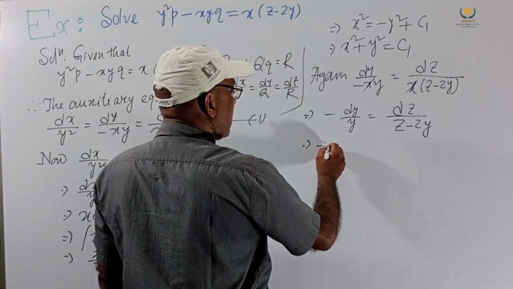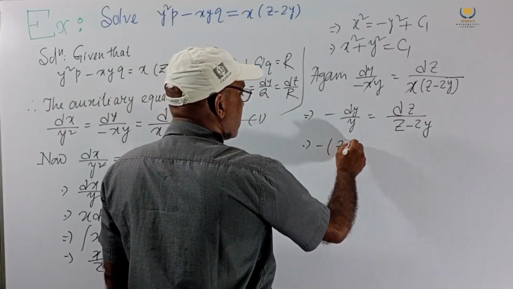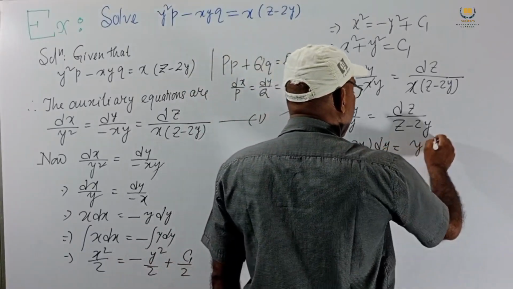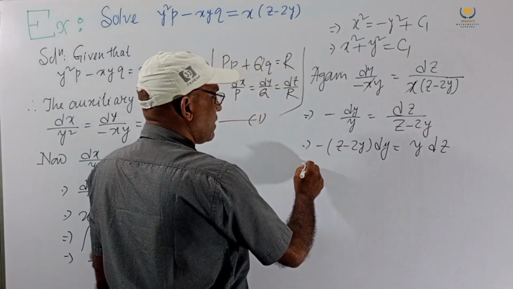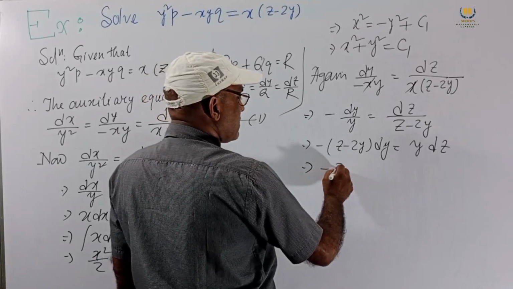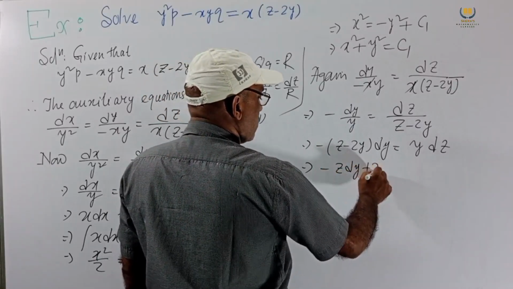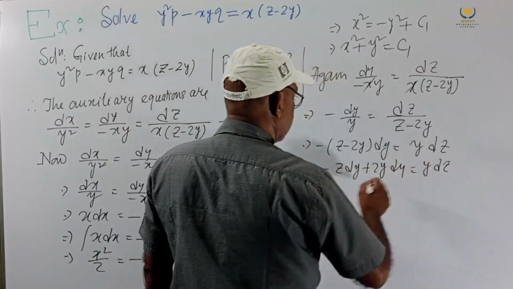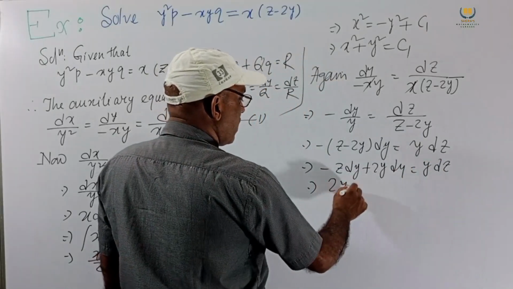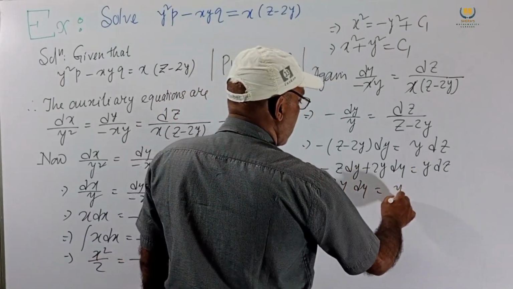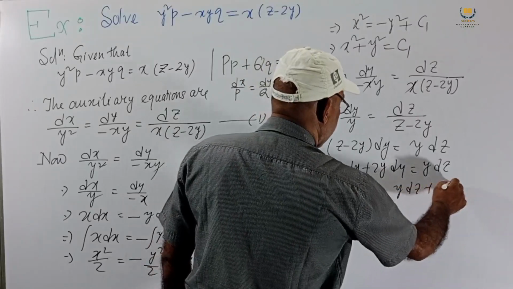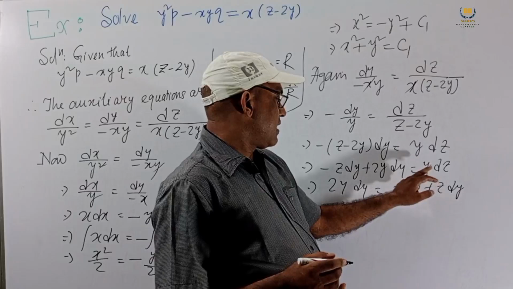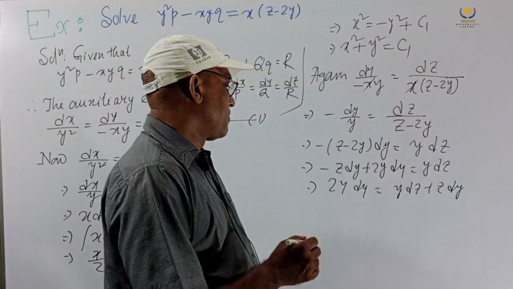Multiplying, we get z minus 2y dy equals minus y dz. So this is minus z dy minus twice y dy equals y dz. Then 2y dy equals y dz plus z dy.